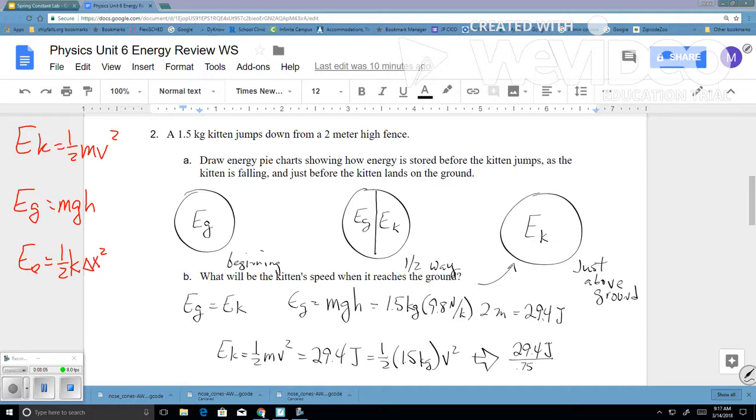That's where the 0.75 came from, 1/2 times 1.5, equals 0.75 kilograms over 0.75 kilograms times v squared. And if I do that, then v squared equals 39.2.